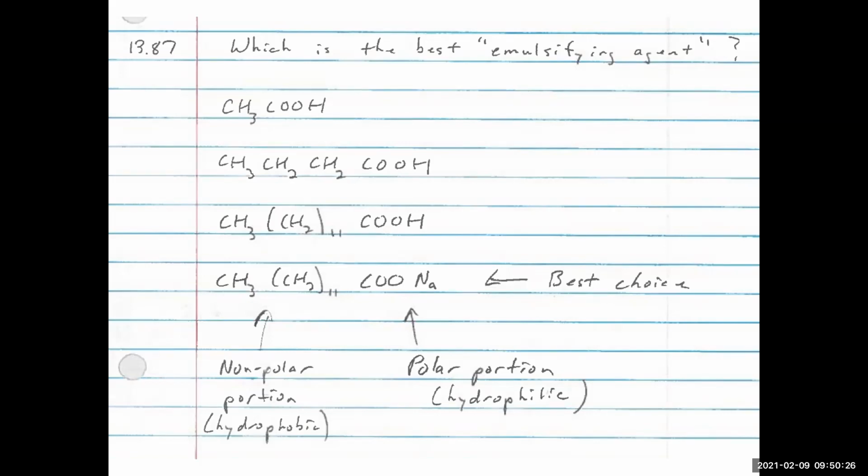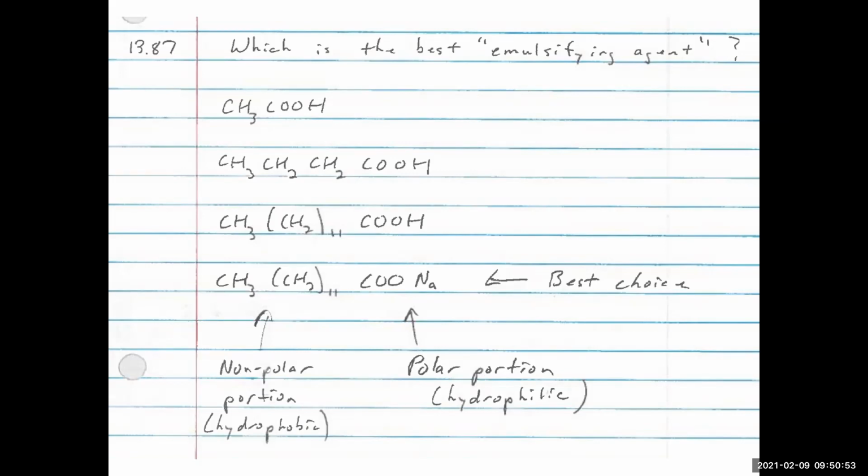The carboxyl up above it, that hydrogen stays on the oxygen, like I said, depending on pH, and since we don't know anything about it, we're going to assume that it stays on there. Because of that, this deprotonated one, the COONa, is more polar than the COOH, and because of that, it's a slightly better choice.